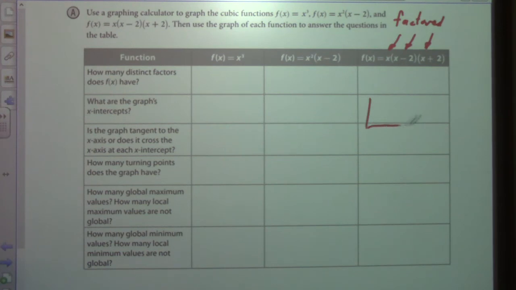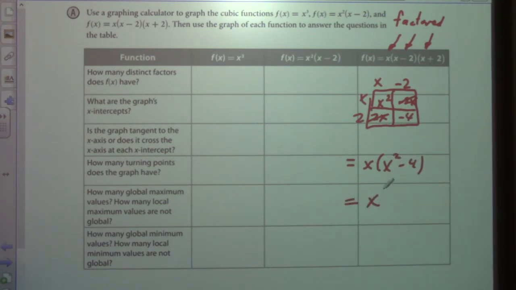If we distribute here, we multiply this x minus 2 by x plus 2. So we get x squared minus 2x plus 2x minus 4. The 2x and minus 2x cancel each other. So what we have here is x times x squared minus 4. And if we distribute one more time, we get x cubed minus 4x.